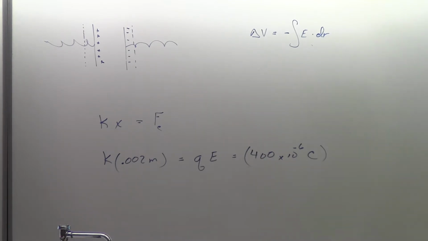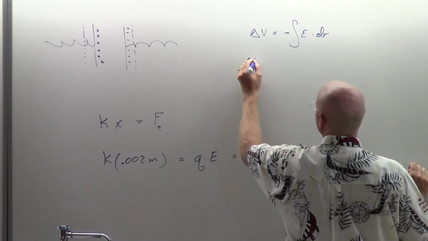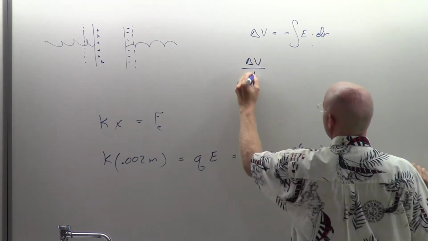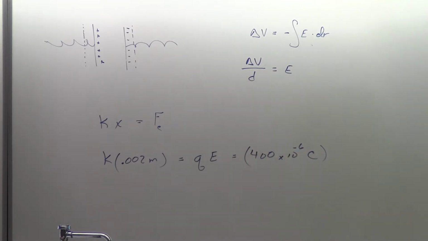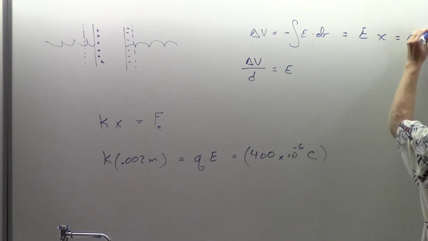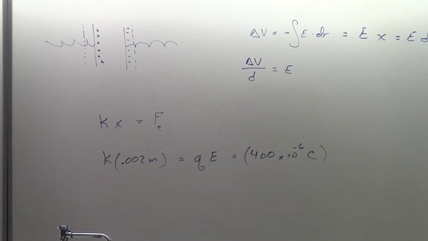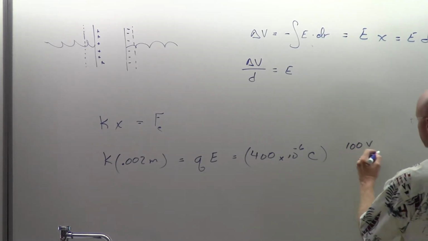So in a parallel plate, it's fairly simple, isn't it? The change in voltage divided by the distance, doesn't that give you the electric field? Because the electric field's just a constant, so you can just do electric field times distance. And don't we know the voltage? Isn't the voltage 100 volts?